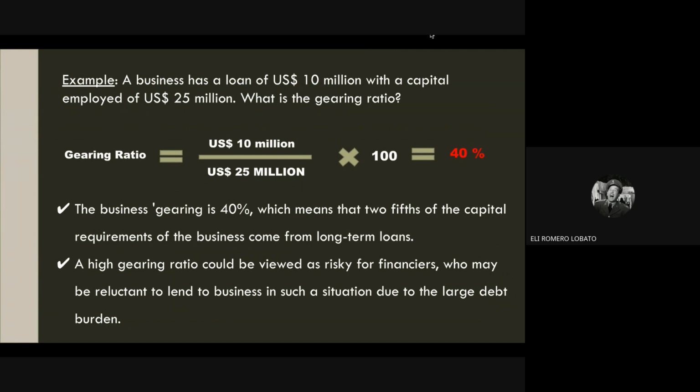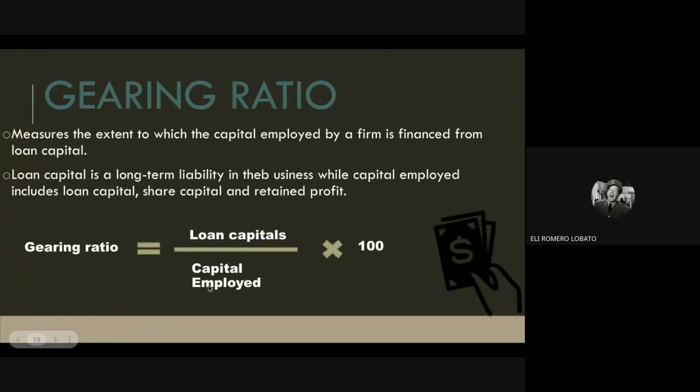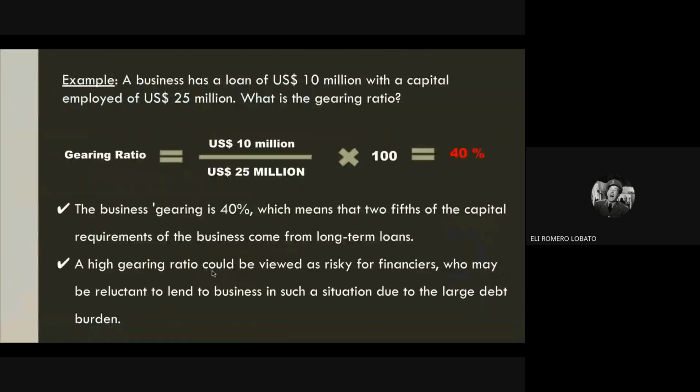Remember, this measures the extent to which an enterprise is financed by external sources. In order to apply the formula, we substitute loan capital, $10 million, over capital employed, 25 million, times 100.